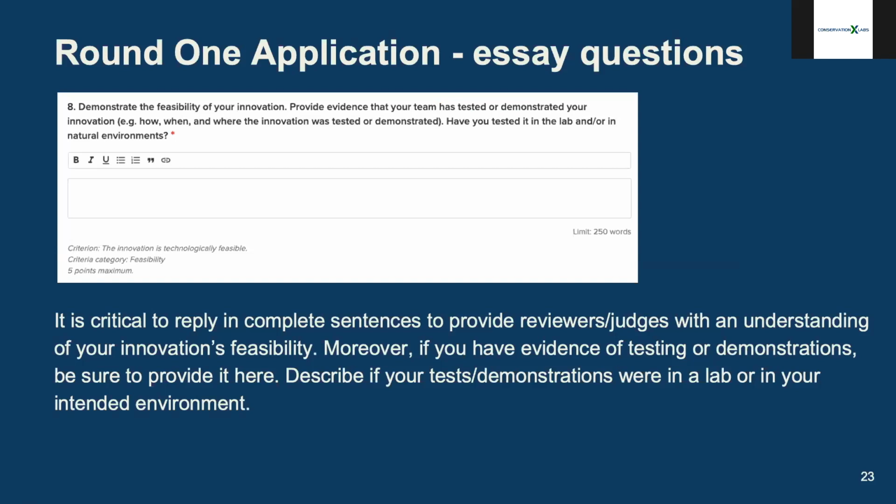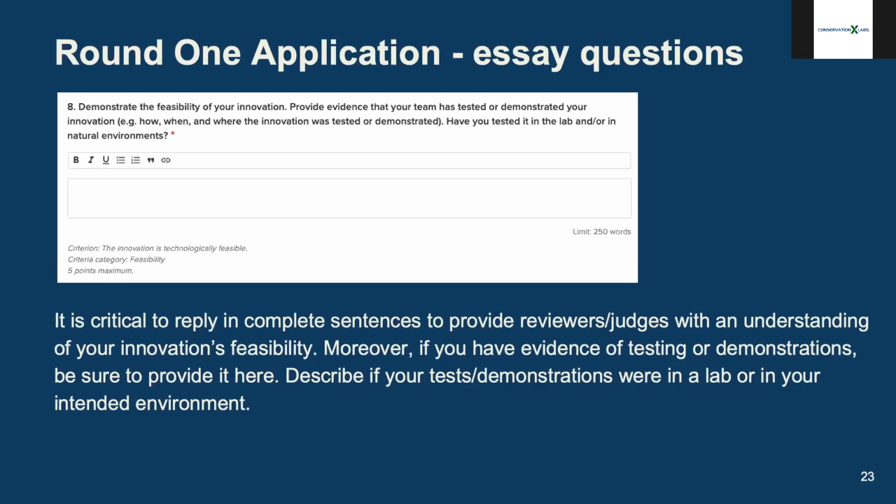And if you have evidence of your testing or demonstrations, again, evidence being how, when, and where, or any kind of data, any kind of findings that you want to share, this is where you can share that.